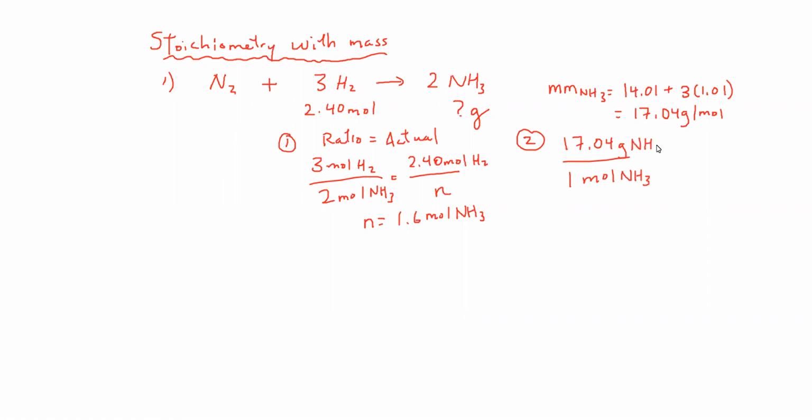So this is my original amount, but I don't actually have 1 mole. I have more than that, which means I have 1.6 moles lined up with the 1 mole. That being said, my M is my missing amount, which leads me to M is equal to, when I cross multiply, 27.3 grams of ammonia as my final answer.